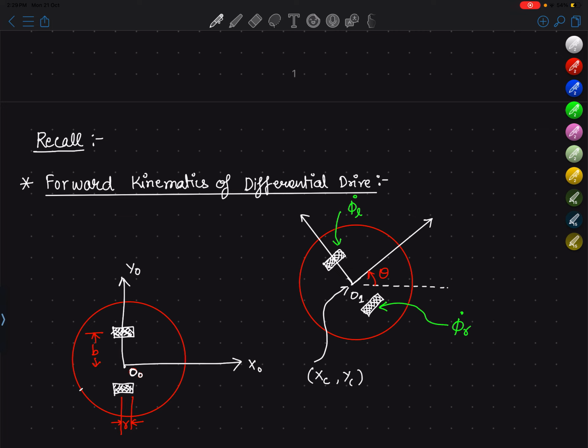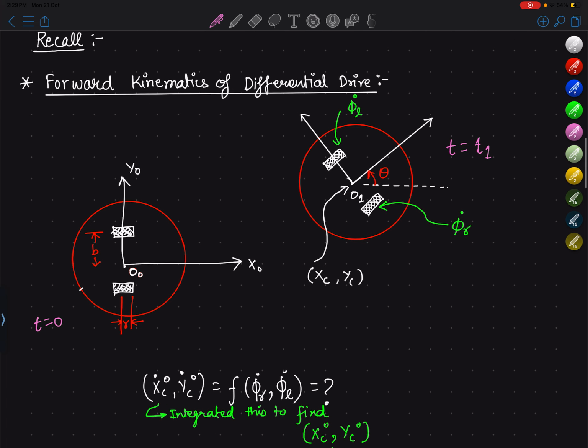Let's say this is the differential drive at t equal to 0, and this is the same robot at t equal to t1. Then we studied how we can find the velocities of the center of mass or the center of this robot, xc naught dot and yc naught dot, as a function of the wheel velocities.